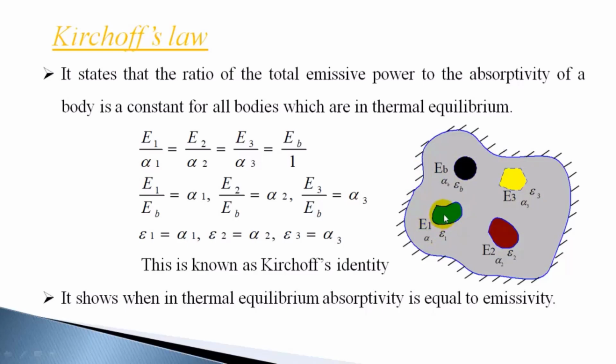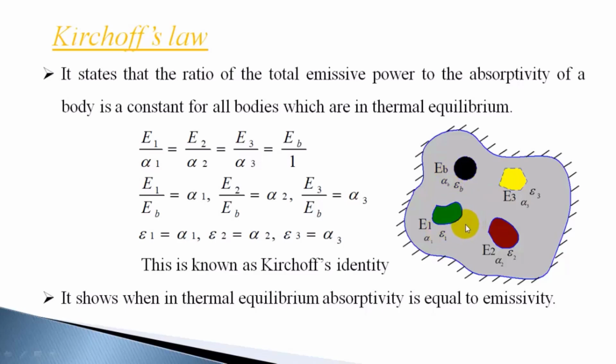Now the emissive power of surface 1 is E1. The emissive power of this surface is E2. And similarly, you have E3 and EB. EB is a black surface, so its emissive power is EB, and you know it is maximum. Since all are in thermal equilibrium, they are at the same temperature, so EB is going to be a maximum.